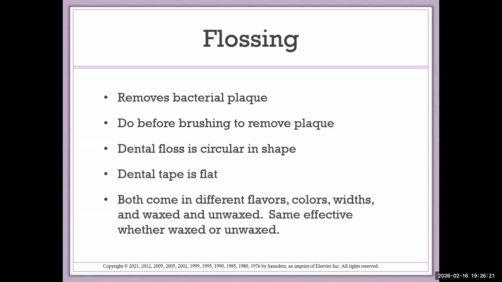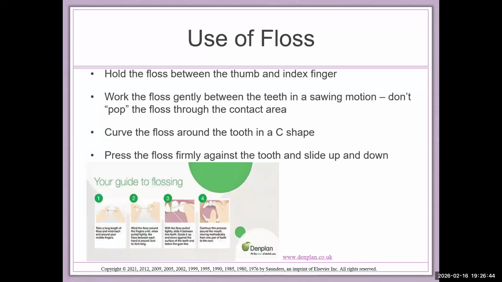One has more of a tapered flat, like tape, and one almost looks like string, but is circular in cross section. No matter what, they all come in different flavors, colors, widths, and some are waxed and unwaxed. The effect is the same with waxed or unwaxed. I personally like waxed because I like how it slips between my teeth, but again, it's a preference.